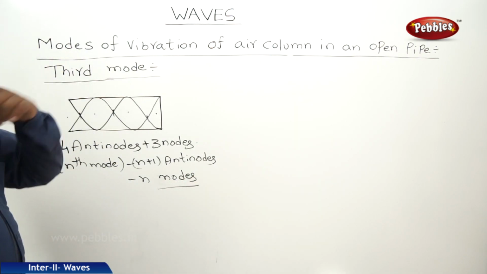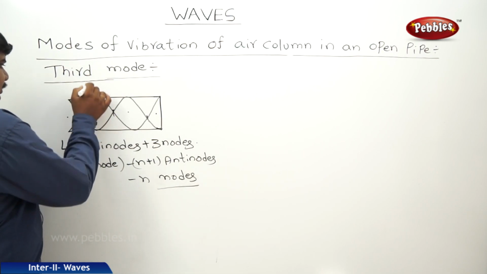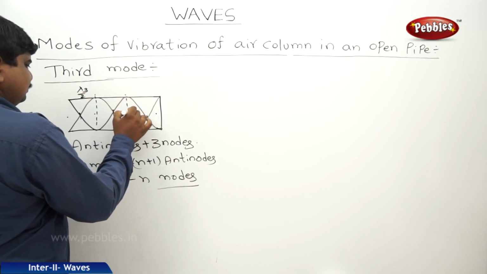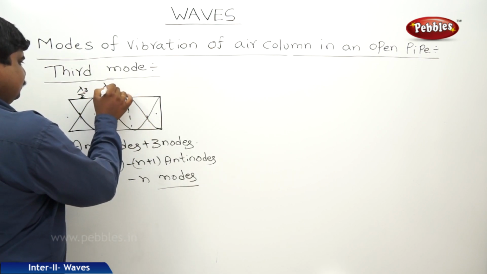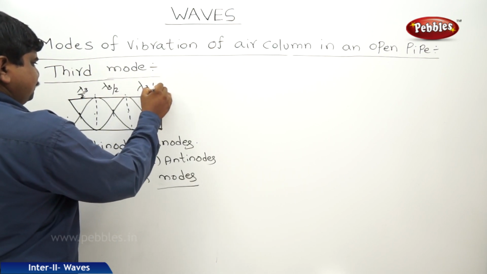So what is the total length of the wave? From here to here, lambda 3/2. Here to here also lambda 3/2. And the remaining also lambda 3/2.